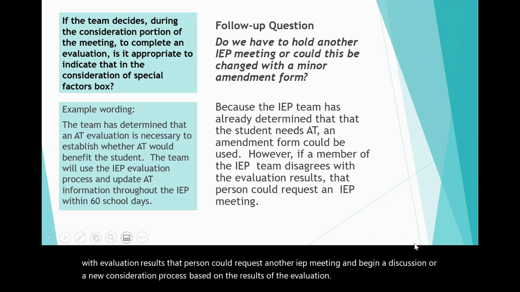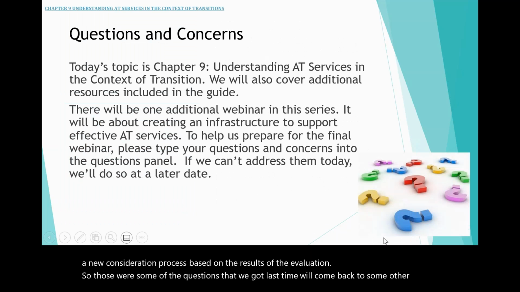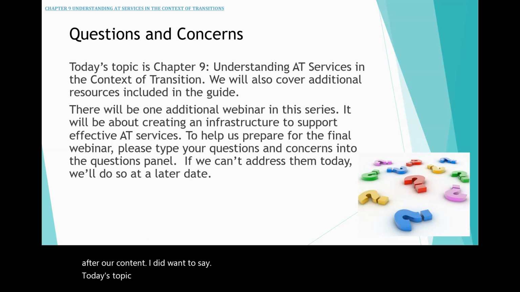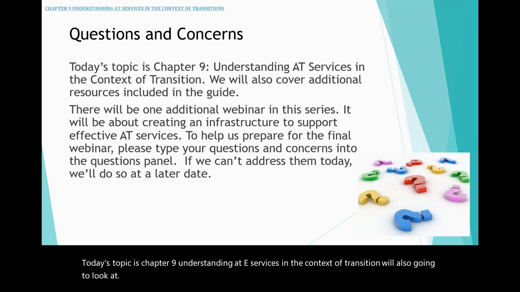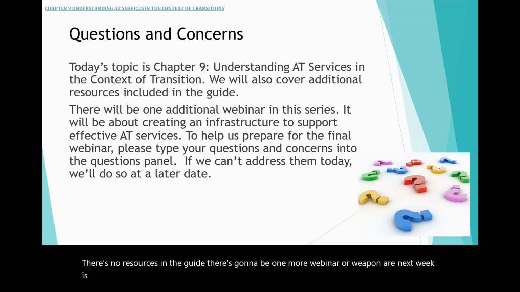So those were some of the questions that we got last time. We'll come back to some other ones after our content. I did want to say today's topic is Chapter 9, Understanding AT Services in the Context of Transition. We're also going to look at additional resources in the guide. There's going to be one more webinar. Our webinar next week is the final one in this series.